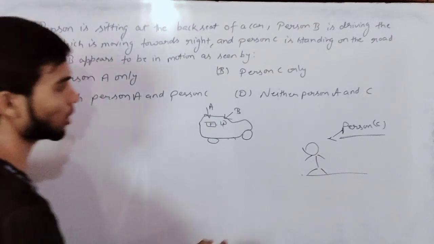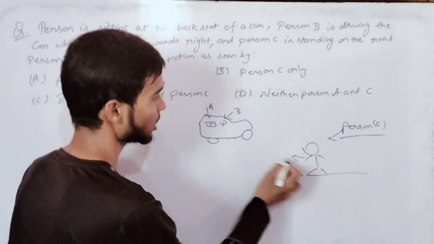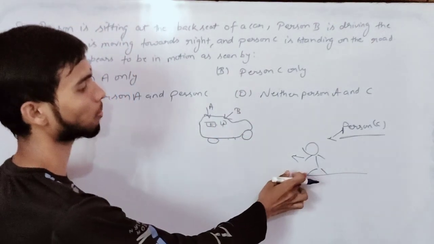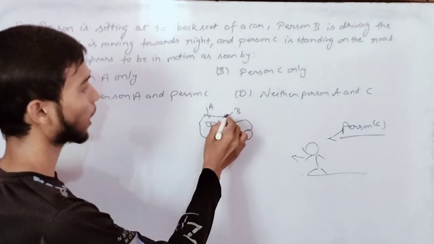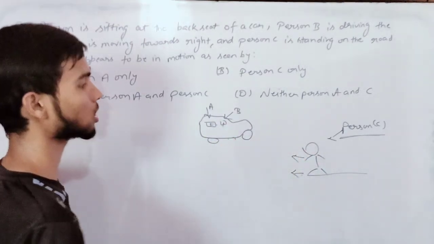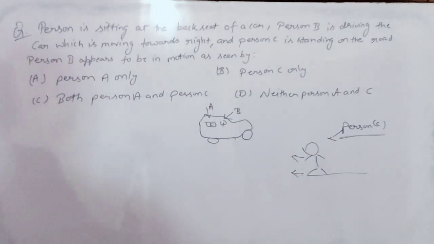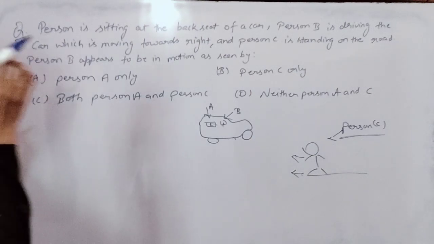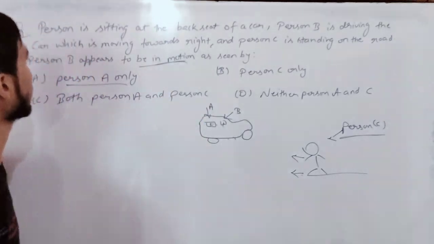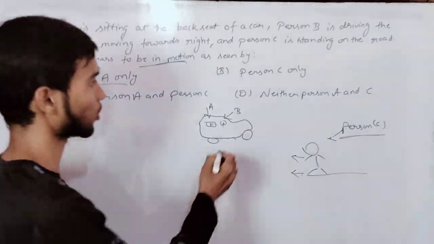According to this, both are in motion, but this is not moving at all. It appears so, and this is called relative. Person B appears to be in motion.